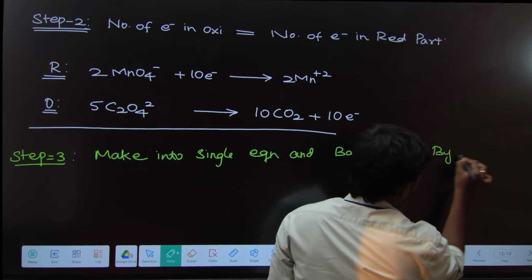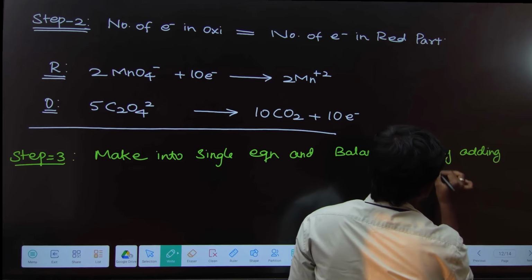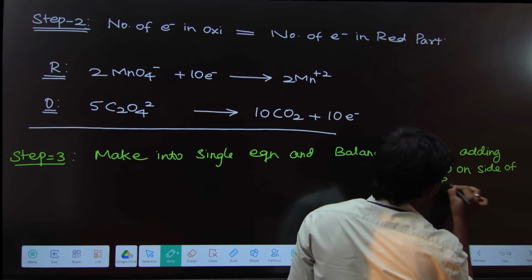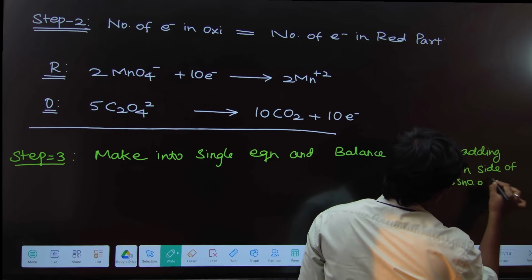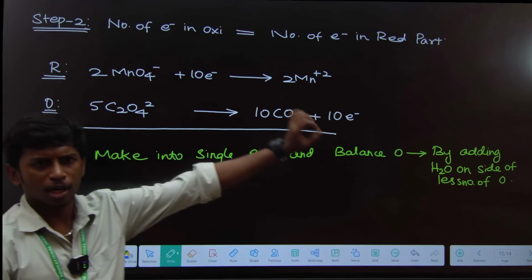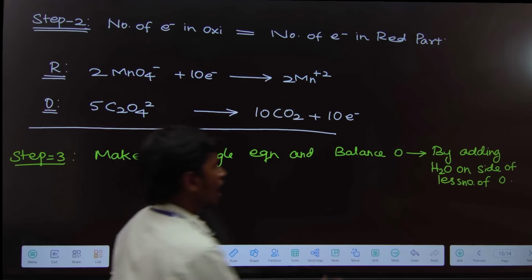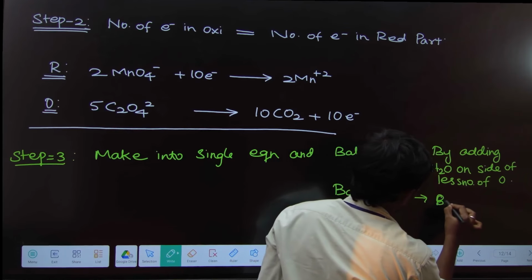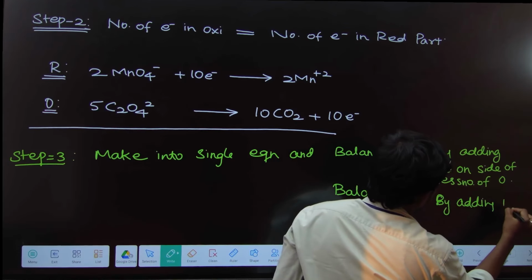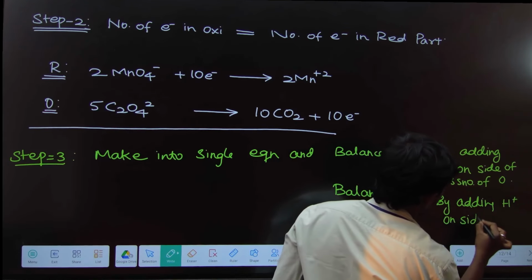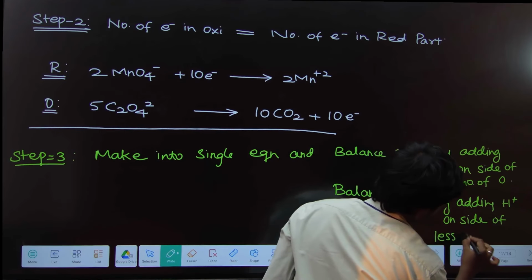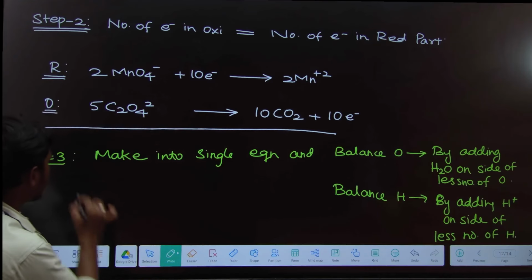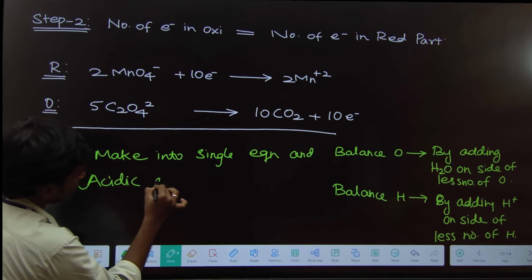How do we balance it? By adding H2O on the side with fewer oxygen. On whichever side there are fewer oxygen atoms, we balance oxygen by adding H2O there. And we can balance hydrogen by adding H plus on the side with fewer hydrogen. This happens in acidic medium.